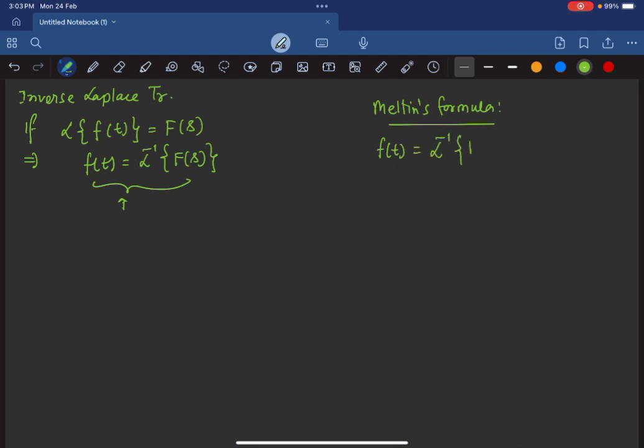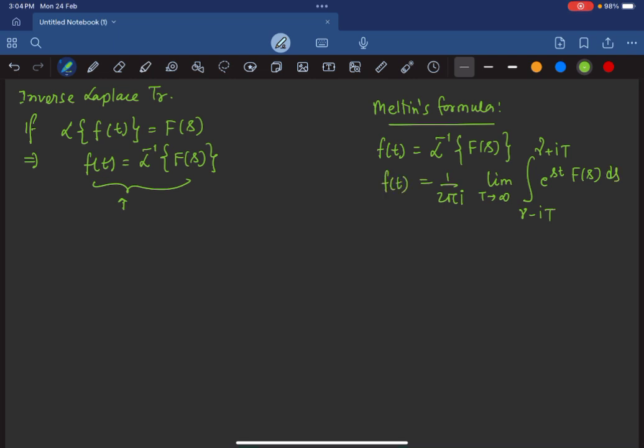The function is given by the inverse Laplace of F of s, which is 1 by 2 pi i, the limit as T tends to infinity of the integral from gamma minus iT to gamma plus iT of e power st F of s ds.